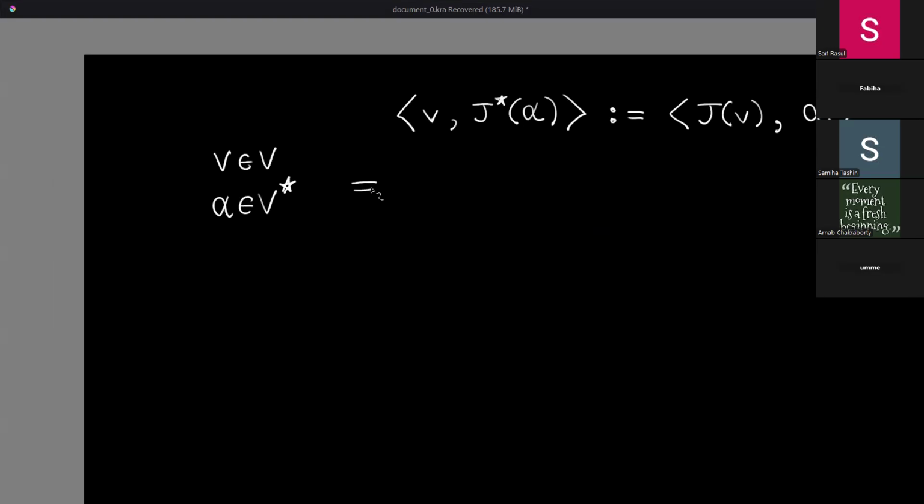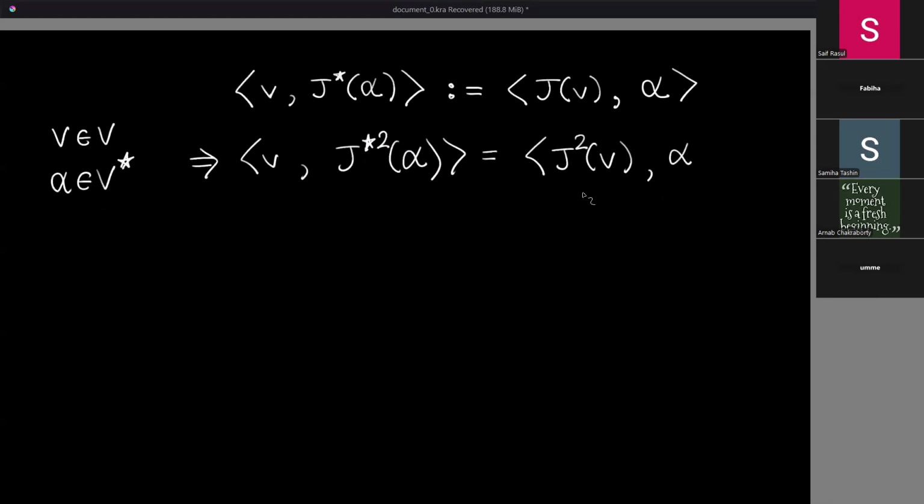So this implies that ⟨v, J star squared of alpha⟩ is equal to ⟨J squared of v, alpha⟩. And if that doesn't seem like it should be the case, first think that we're applying another J star on J star of alpha.